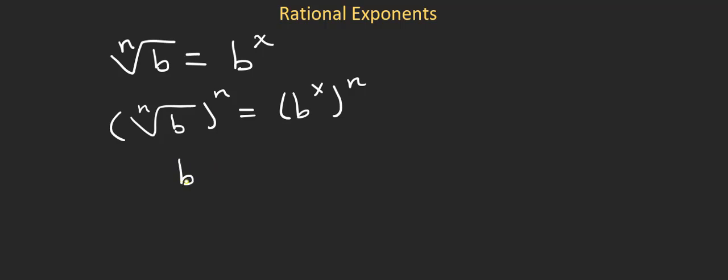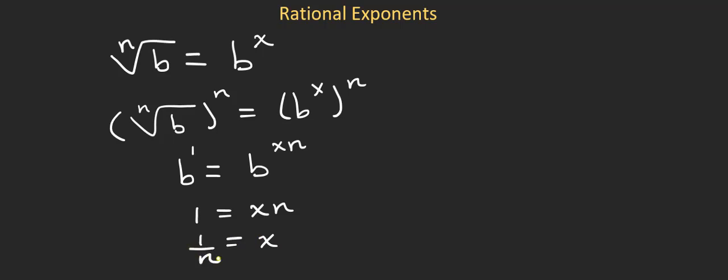So you will get b is equal to b to the xn, and the exponent here is 1, so 1 is equal to xn. Solving for x, you get 1 over n. So the nth root of b will always be b to the power of 1 over n.